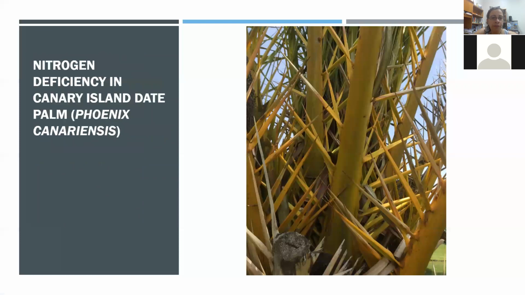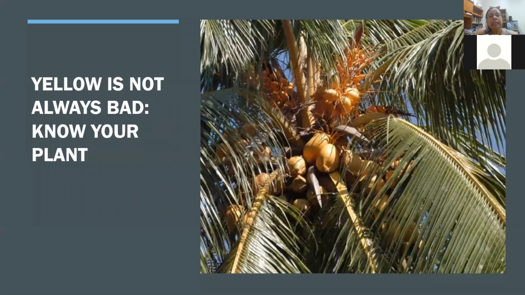So this is a nitrogen deficiency. You can see it at the base of this Canary Island date palm. And usually yellowing has to do with nitrogen deficiency, but yellowing is not always bad. You really need to know your plant because there are certain varieties of palm that have yellow petioles and a yellow rachis. Certain things like areca palms are one of them.